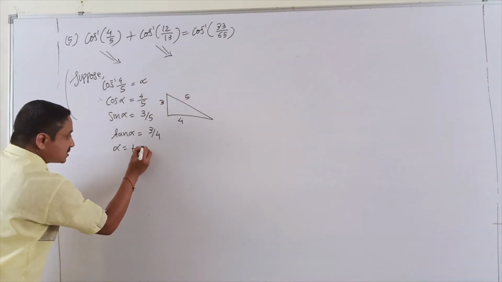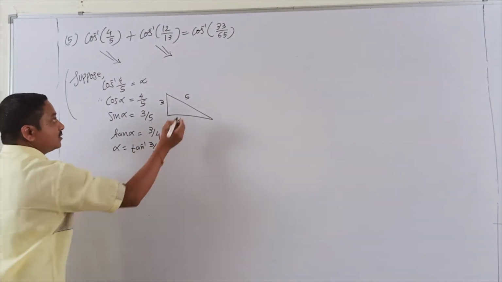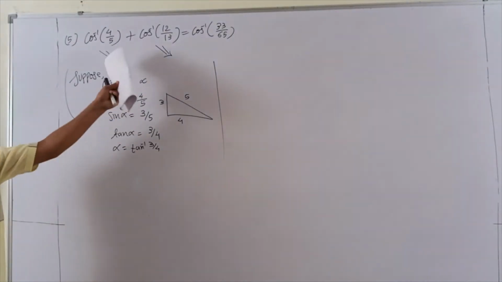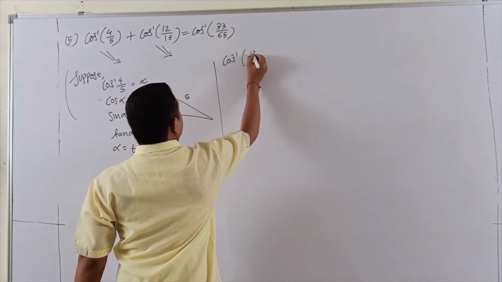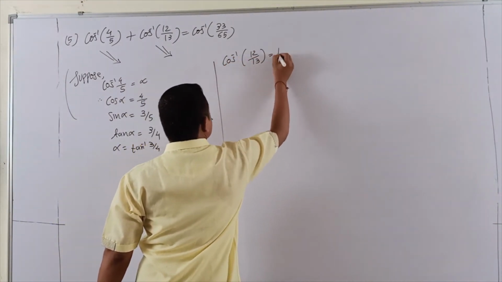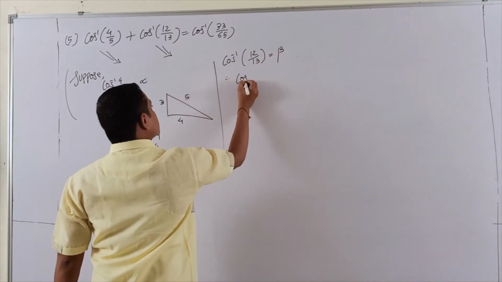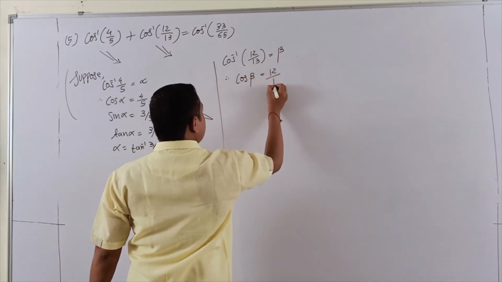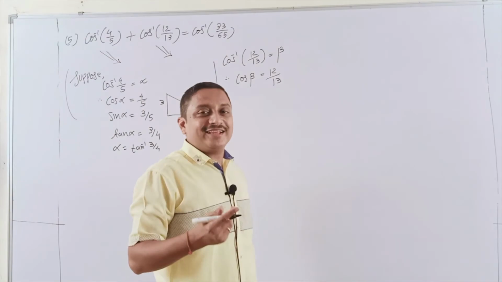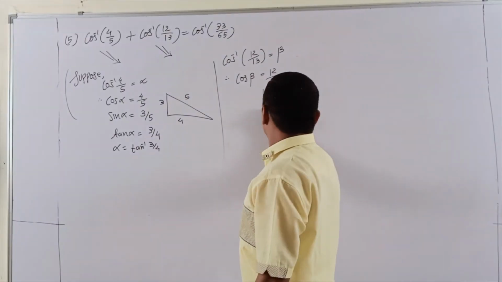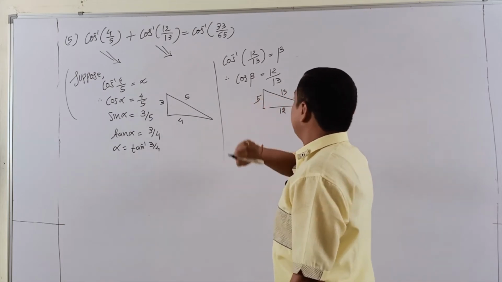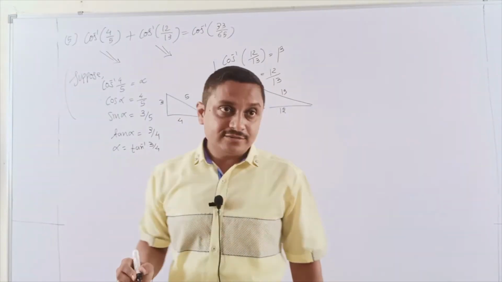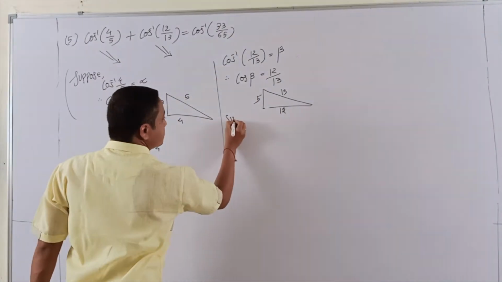So alpha becomes tan inverse 3 by 4. What is cos beta, students? Yes, 12 by 13. So apply the same property here. 12, 13, definitely 5 here. So what do you get for sin beta?